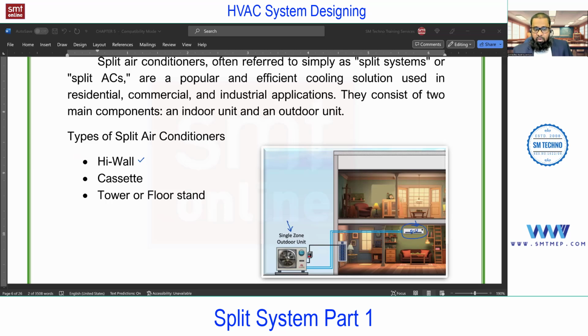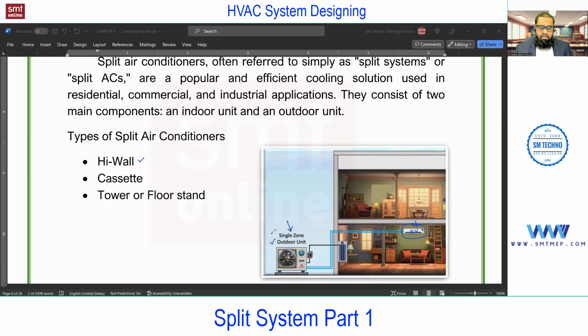The outdoor is the same for all 3 types; the concept is the same, but the type of indoor unit differs, nothing but an FCU chosen according to the interior requirement, site condition or clearance. If you know the mechanism of the high wall, the same principle applies to the cassette as well as the tower.